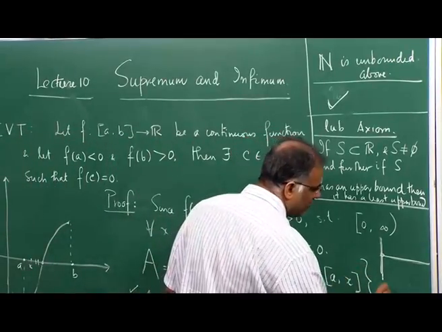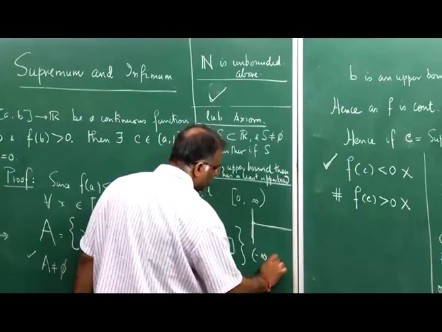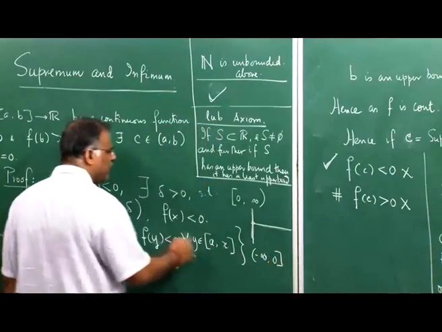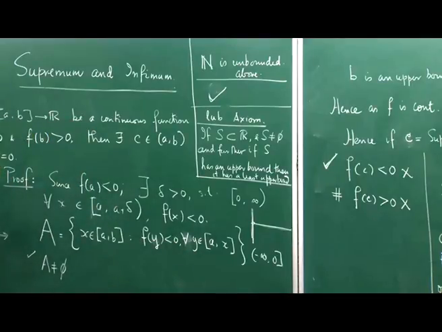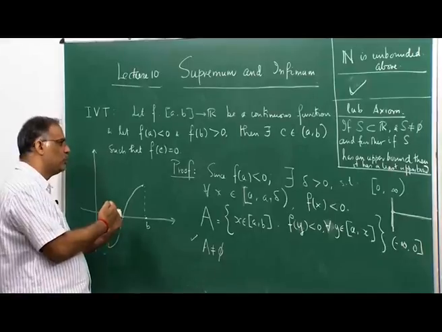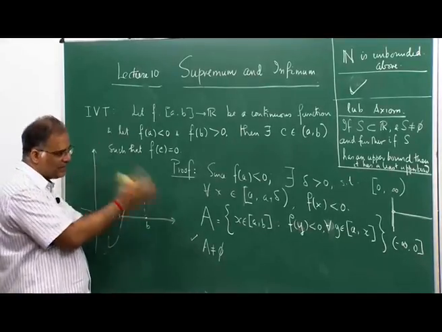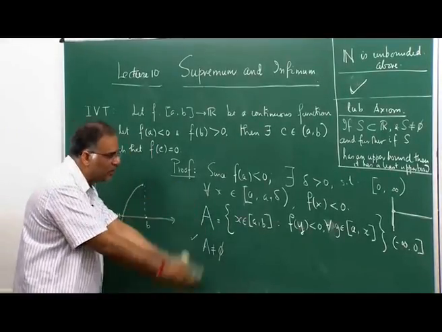Similarly, if you take a set like minus infinity to 0, then it does not have an infimum, because there is no lower bound here, you can go as low as possible. So, only when a set has an upper bound does it have a supremum, and when the set has a lower bound, it has an infimum.